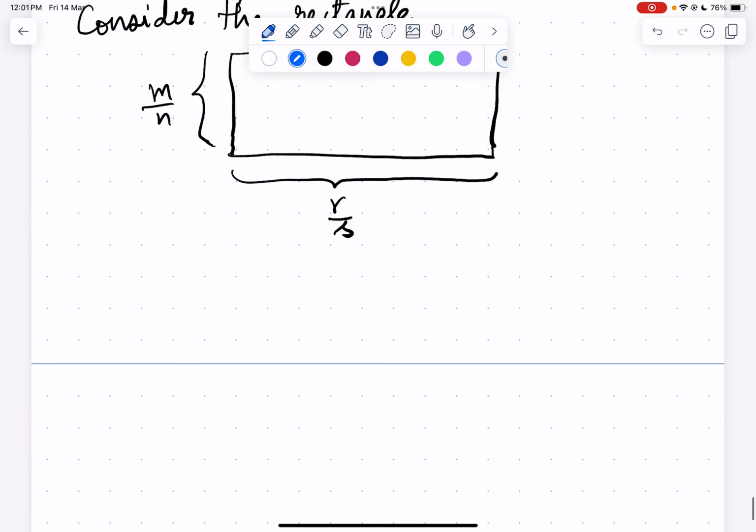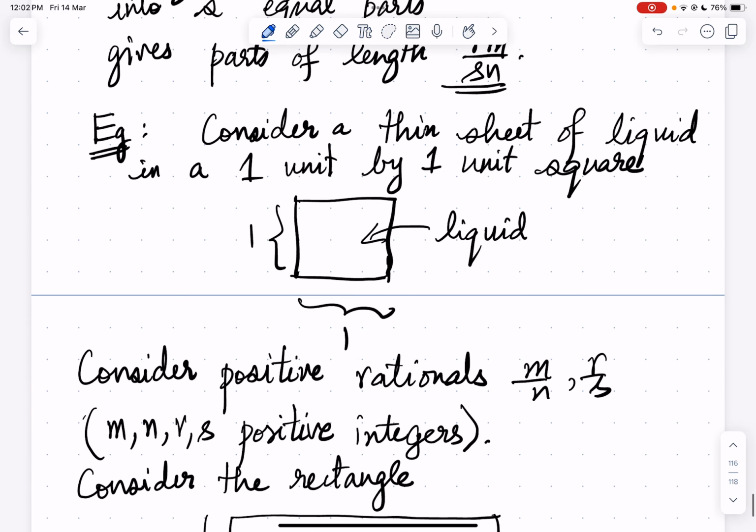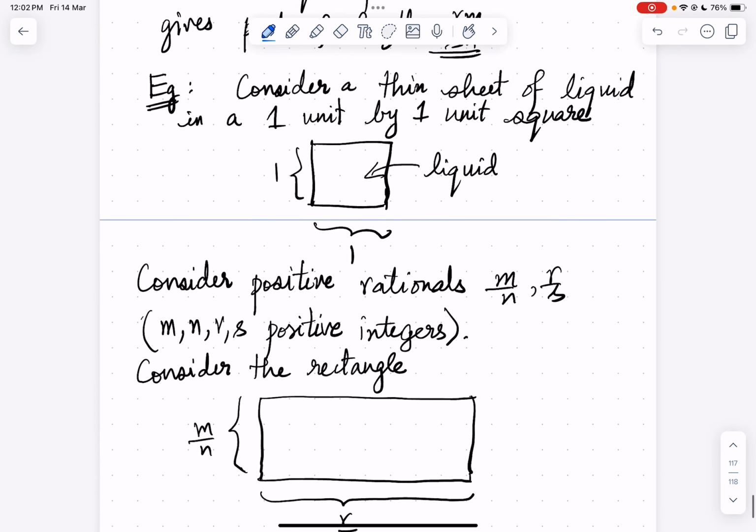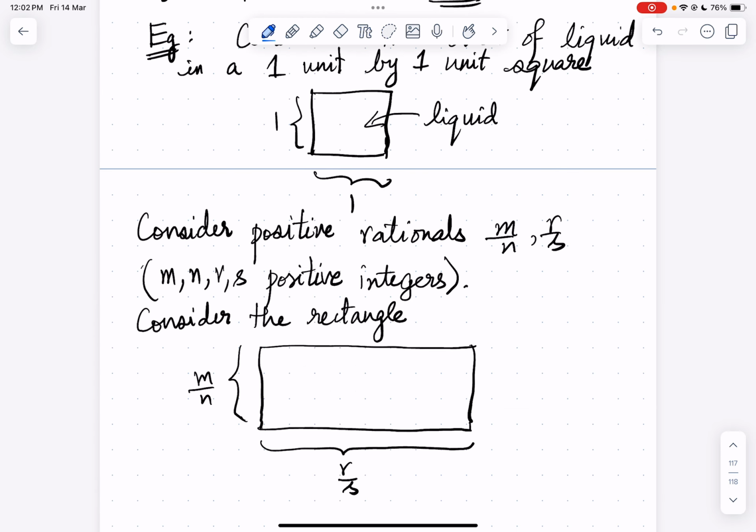Now we can ask, in this setup we have a thin sheet of liquid in a 1 by 1 square, and now we are considering an m by n by r by s rectangle.